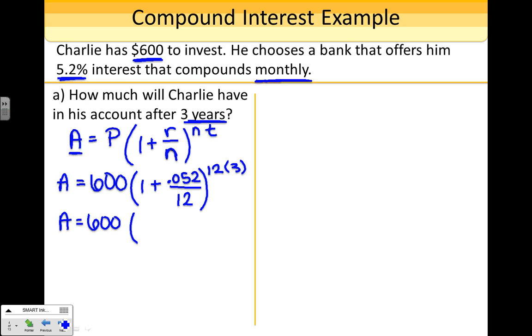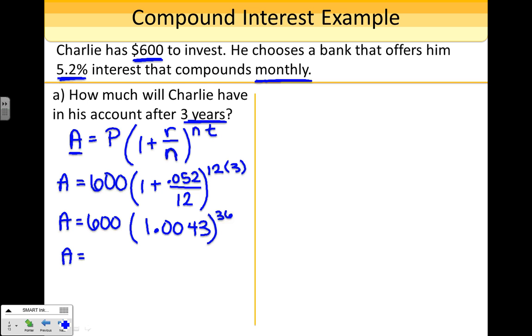And 1 plus 0.0043 is 1.0043. Raised to 12 times 3, which is 36. Order of operations again, we need to make sure we do our exponents before our multiplication. So do 1.0043 raised to the 36th power and then multiply it by 600.